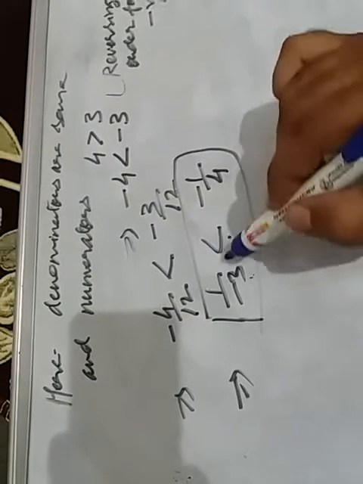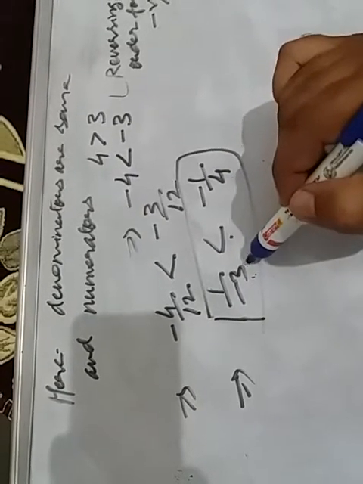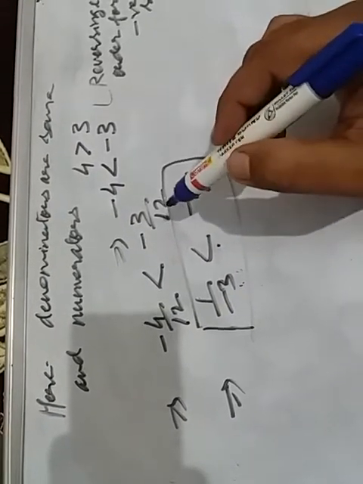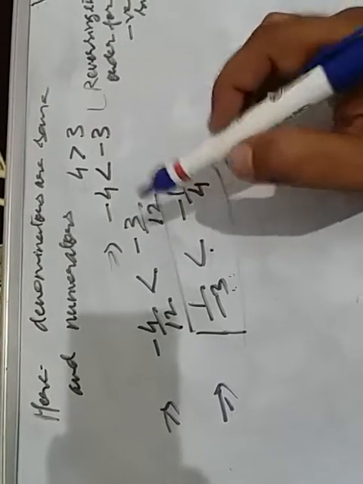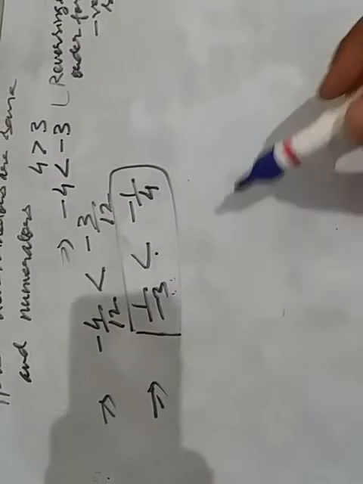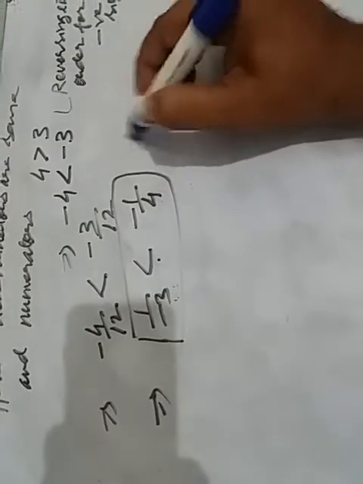So minus 1 upon 3, which is minus 4 upon 12, is less than minus 3 upon 12, which is minus 1 upon 4. Okay children, this is the answer. So this is how we can solve the questions.